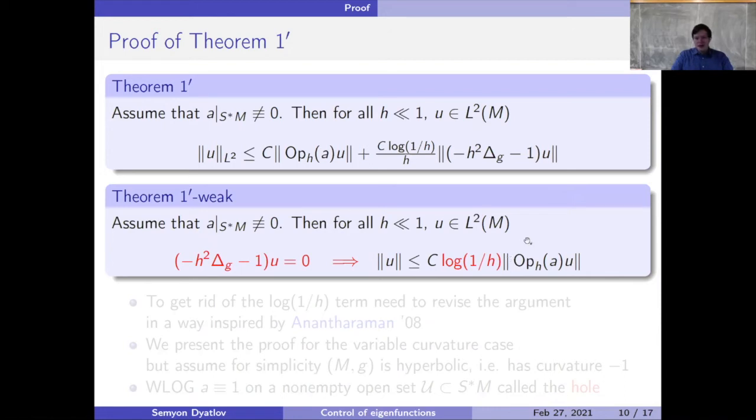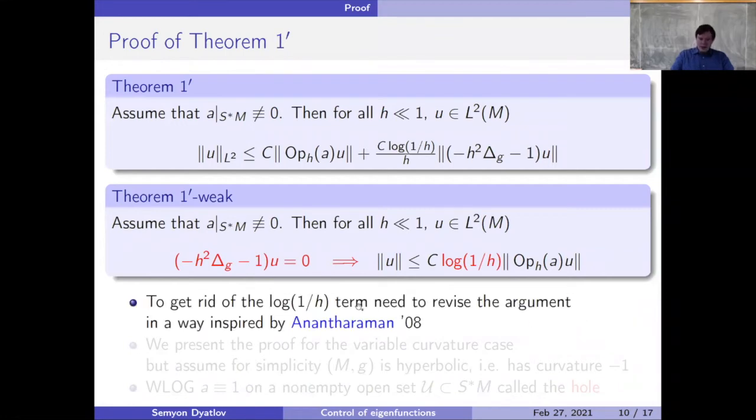If you get a result like that, that's a considerably weaker result than the one without this log, because your lower bound does deteriorate with frequency, and cannot give you things about support of eigenfunctions, control, and so on. Luckily, it can be removed. So working harder, revising the argument that I'll present, you can really get a constant here that doesn't depend on the frequency.